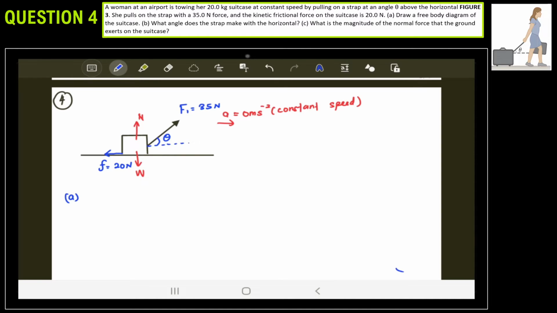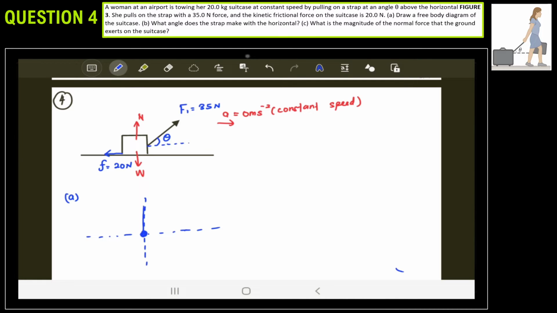Alright, so question A, draw a free body diagram of the suitcase. We're going to have the y-axis and x-axis. This dot represents the object.